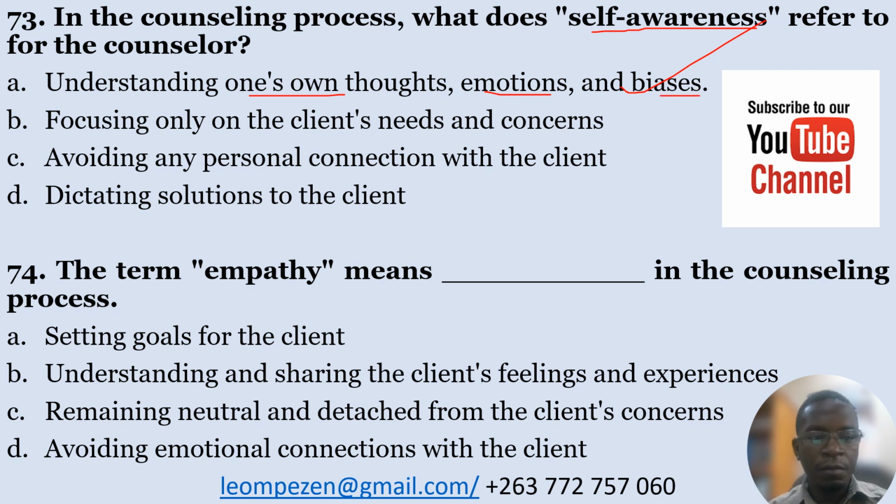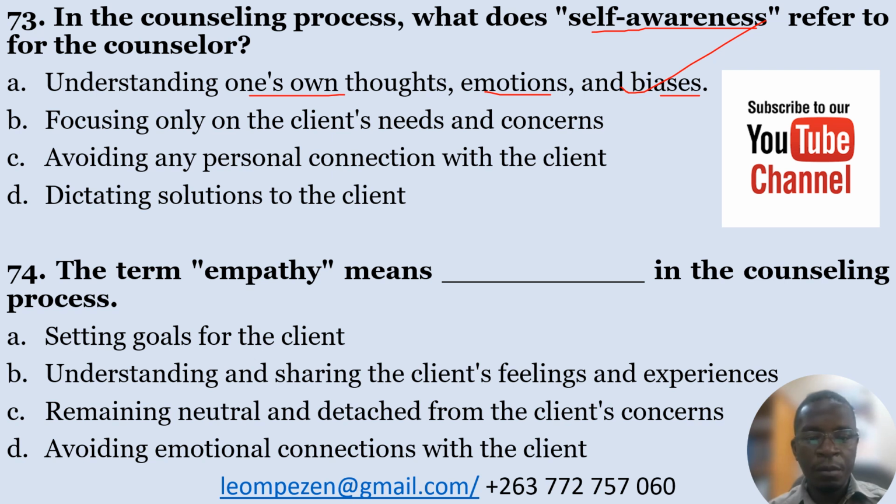Number 74, the term empathy means dash in the counseling process. A, setting goals for the client. B, understanding and sharing the client's feelings and experiences. C, remaining neutral and detached from the client's concerns. D, avoiding more emotional connections with the client.